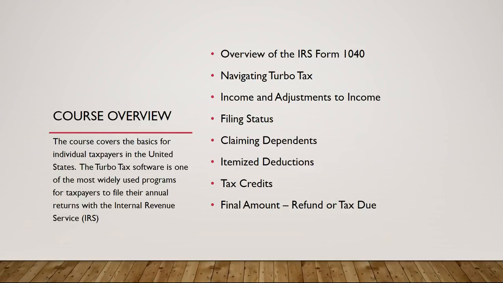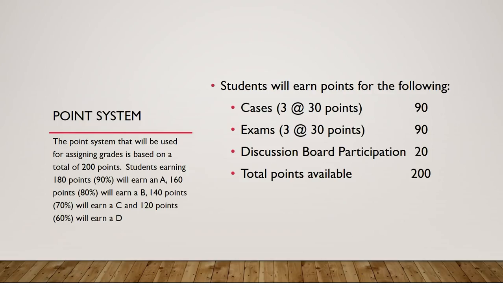If a taxpayer has somebody that they financially support that is related to them, they can claim them as a dependent and get a deduction for that. There's also some itemized deductions. We'll talk about the different types of itemized deductions. There's many different types of tax credits that you can take advantage of. And then the final result of the tax return is whether or not you get a refund or you have money due. And that will be calculated.